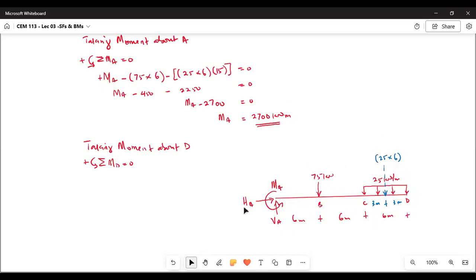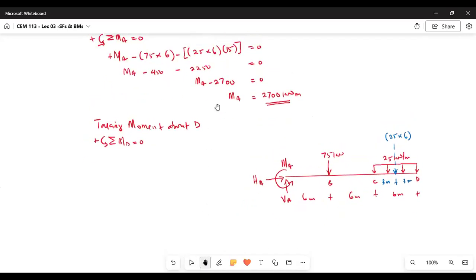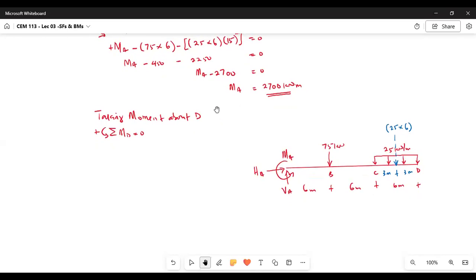I don't know what has appeared here like a camera. Okay, it's here. Good.